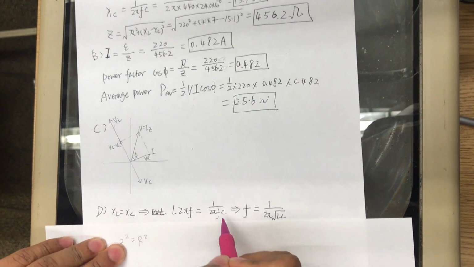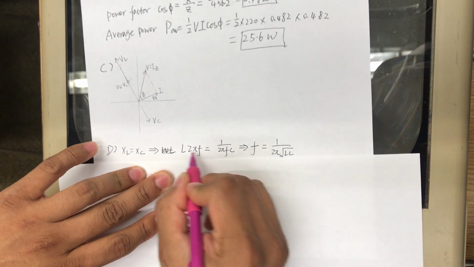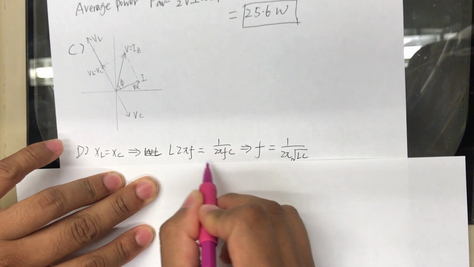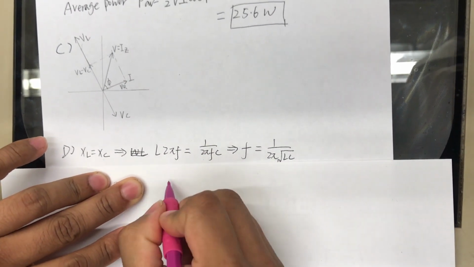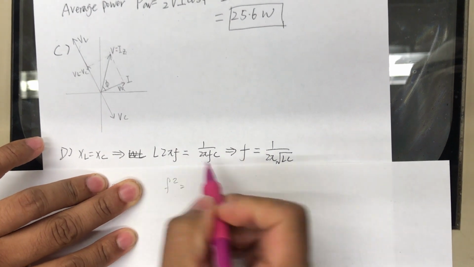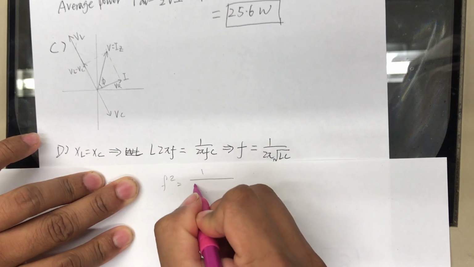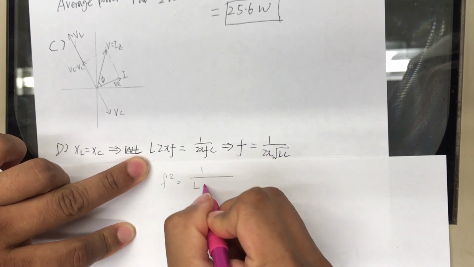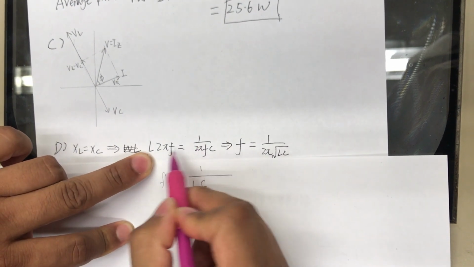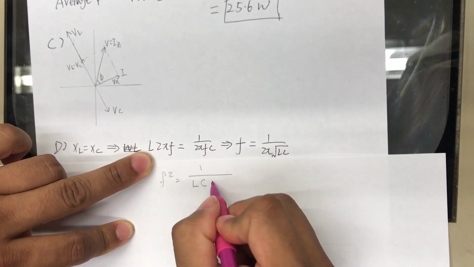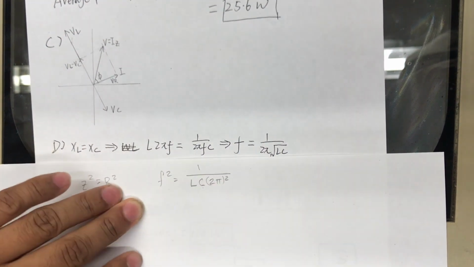Now from here, we solve for F. We divide both sides by L 2 pi, and multiply both sides by F. So we should get F squared equals 1 over L C times 2 pi squared.